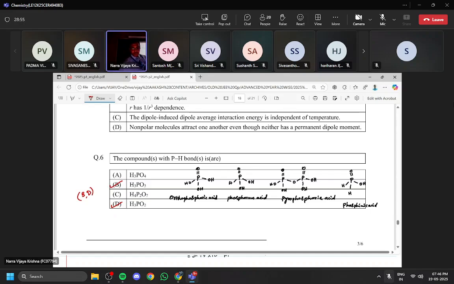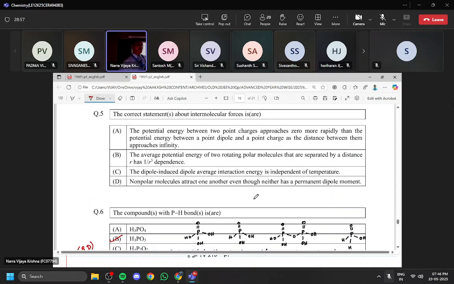Question number 5. The moment you read this question, immediately you will get one chapter in mind. What is the chapter? To which chapter does it belong? This topic we discussed in 2 chapters. One in chemical bonding, van der Waals forces. Second, in states of matter, gaseous state chapter.